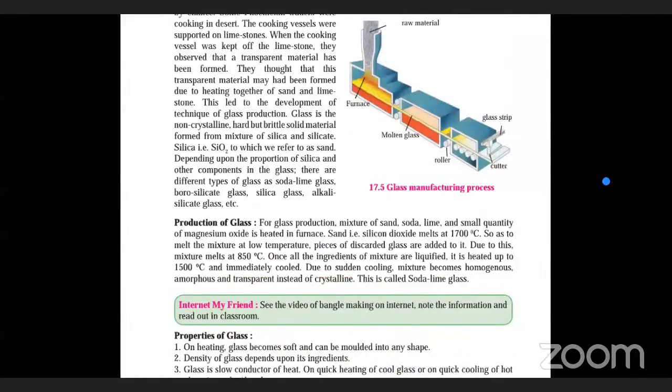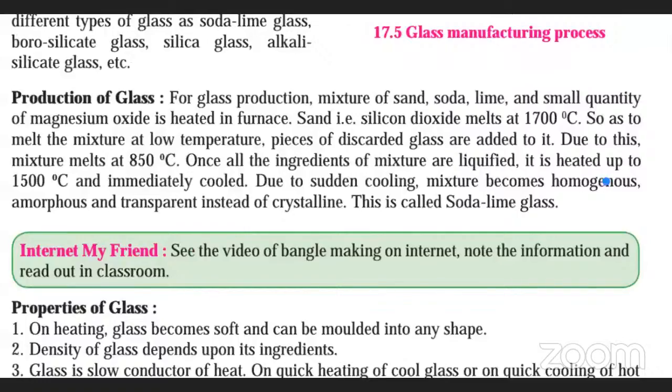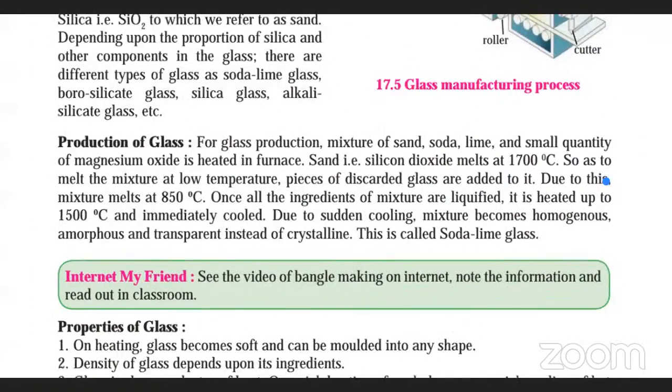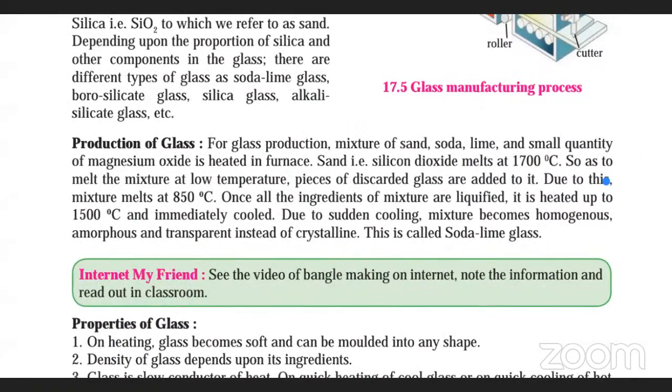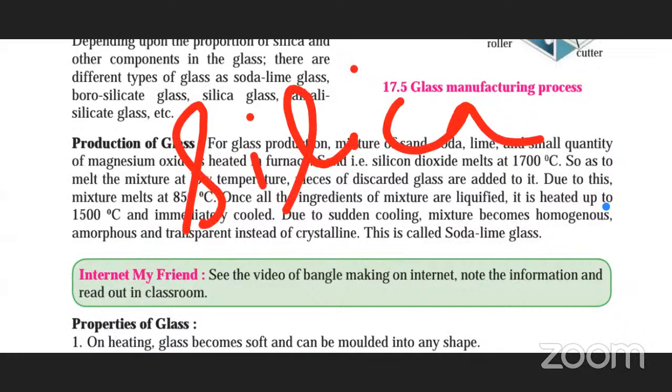Now talking about the production of glass, means how glass is made. For production of glass you need a mixture of sand, and sand is actually silica. Just now I told you, silica is silicon dioxide, SiO2.